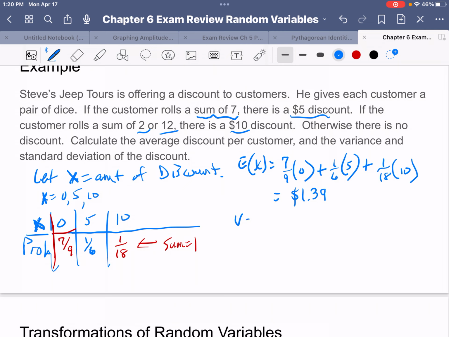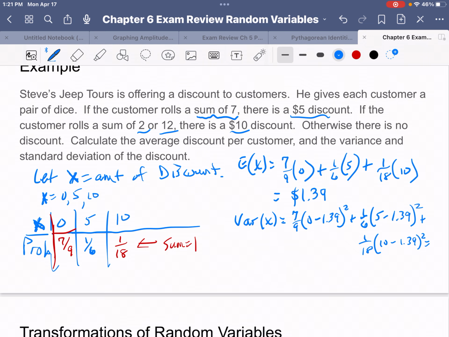So now the variance of x is equal to, this is horrible, 7/9 times (0 minus $1.39) squared plus 1/6 times (5 minus $1.39) squared plus 1/18 times (10 minus $1.39) squared. So unfortunately we got to type all that in.